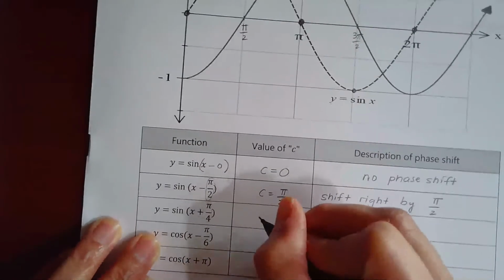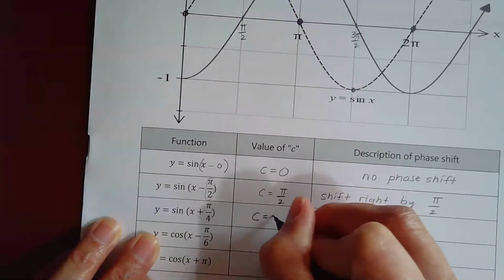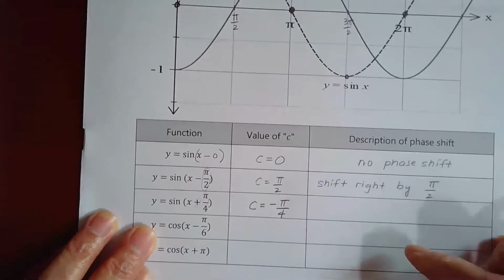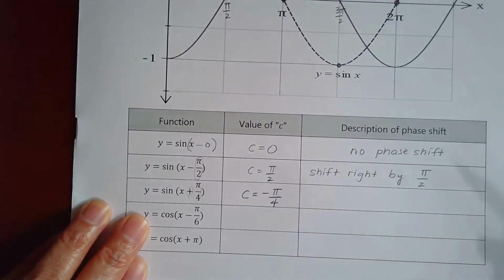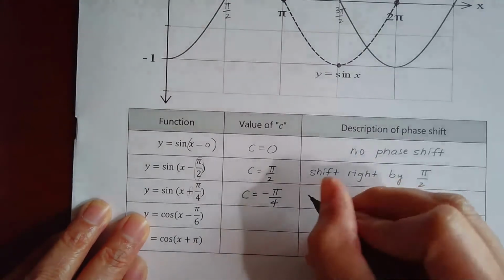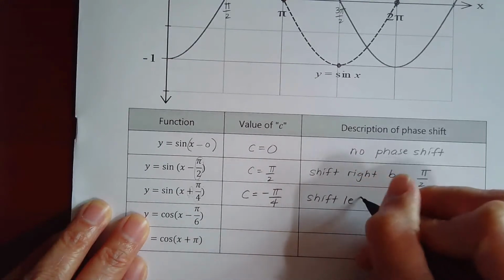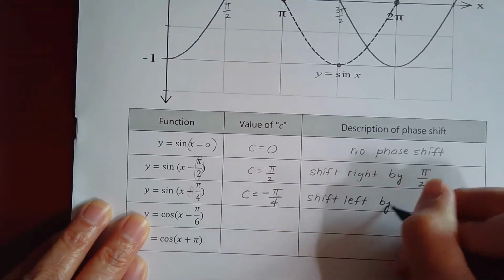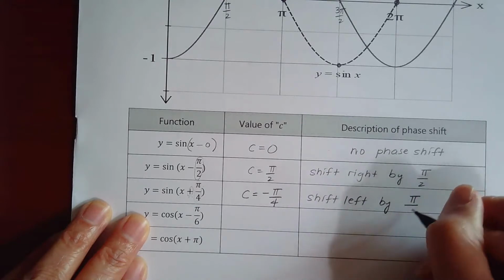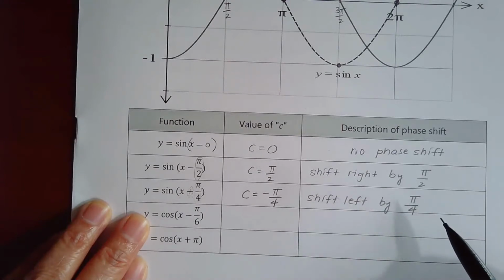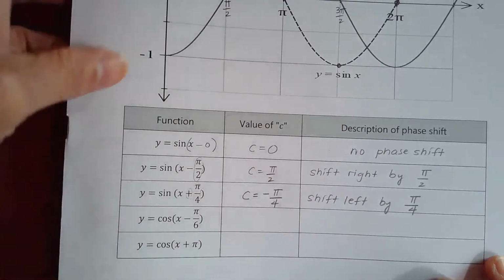So c equals negative pi over 4, and I'm sure you remember that from our transformations. What does that mean? It's going to be shifting to the left by pi over 4. The negative tells us it's a shift to the left. By how much? Pi over 4.